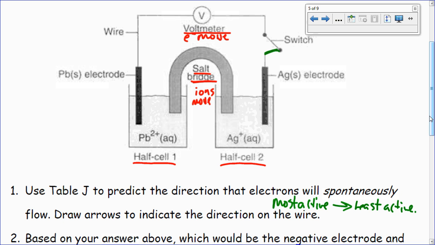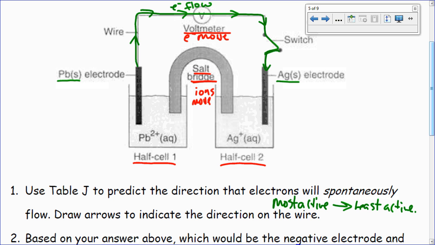I like to use green to show electron flow. And if we look on Table J, lead versus silver, lead is more active. So the electrons are going to flow in this direction. So we're going to put arrows pointing the direction of electron flow, from the lead to the silver.